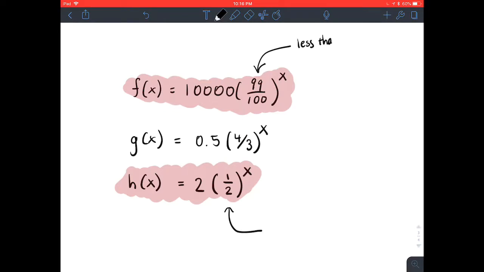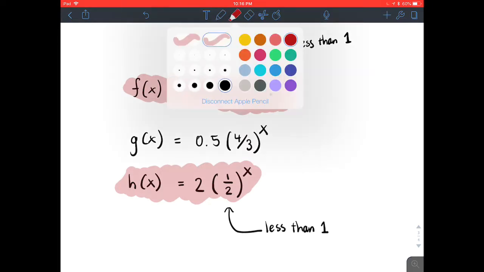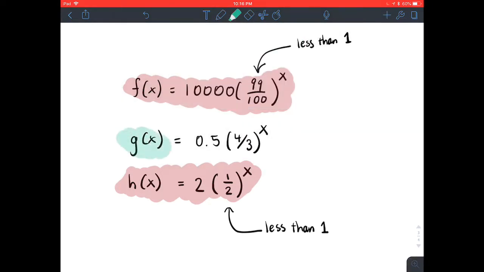Each of these is less than 1. This represents decay. Only the middle one, g of x, represents exponential growth because it has a base that is larger than 1. So immediately we know that g of x is going to be the biggest, according to this metric.